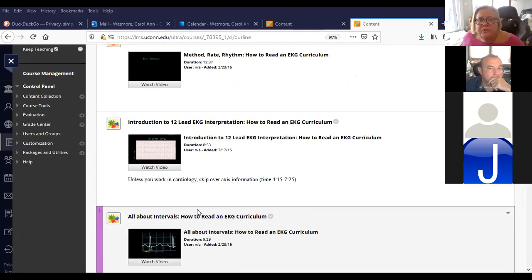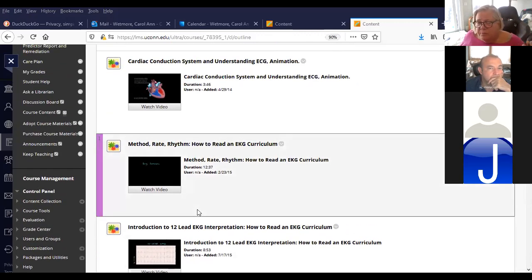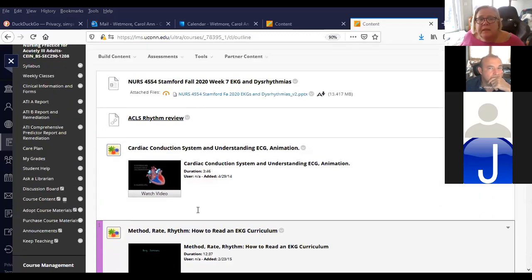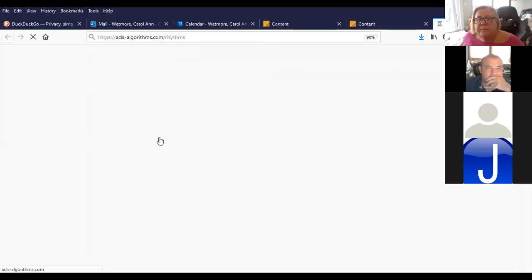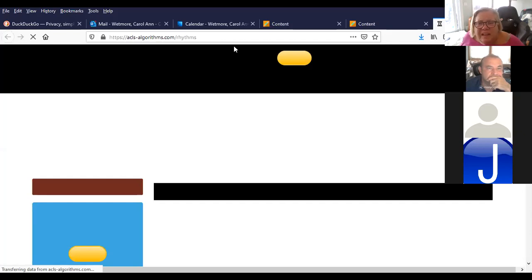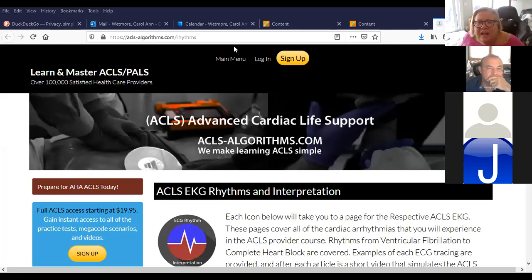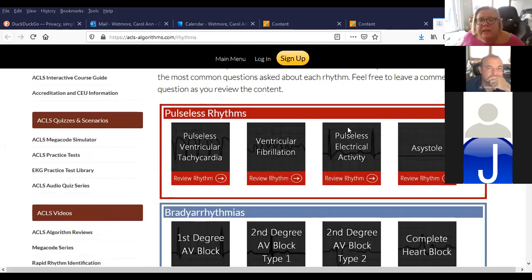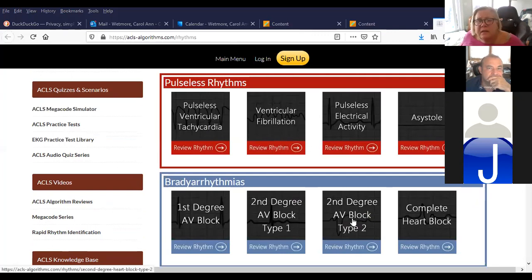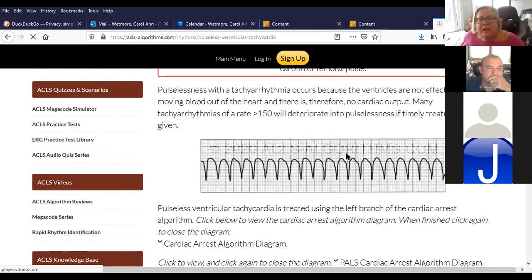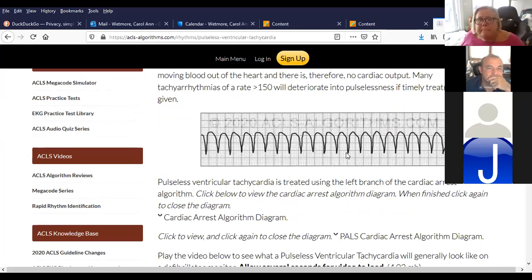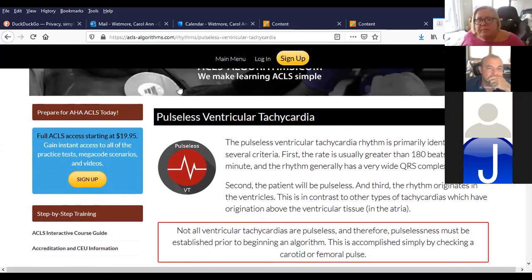But what I want you to do, in addition to your other preparations for next week's quiz, is look over this ACLS rhythm program. If you click on each of these buttons, it will ask you some questions, give you a little bit of information, and show you a rhythm that relates to the type of dysrhythmia.